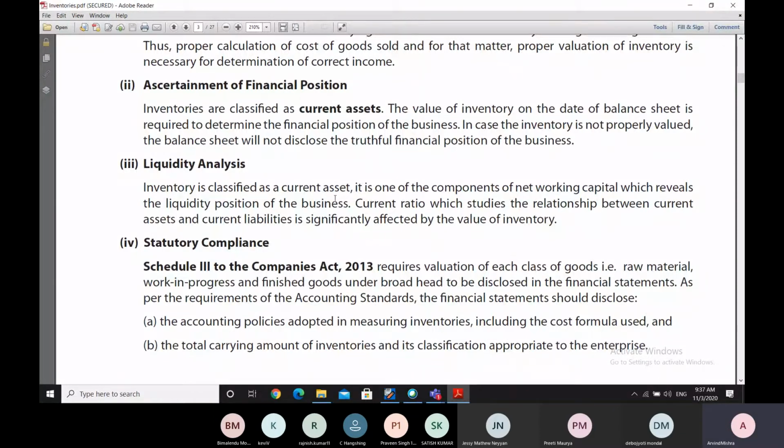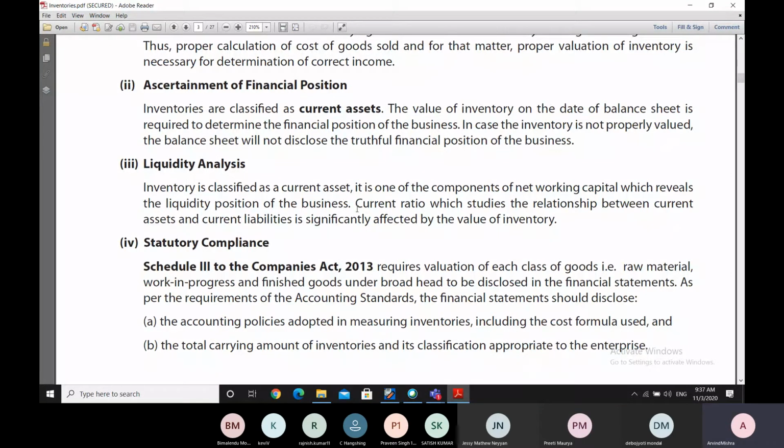So inventory being also classified as a current asset, it is one of those components of the net working capital. Net working capital means that is a capital which is working day-to-day basis, which is available for use for the business, and therefore as current assets, being part of the current assets, inventory is a very important component of the net working capital, and net working capital reveals the liquidity position of the business. Therefore inventory is important to get a liquidity analysis.